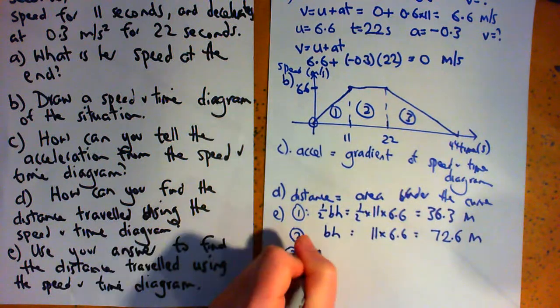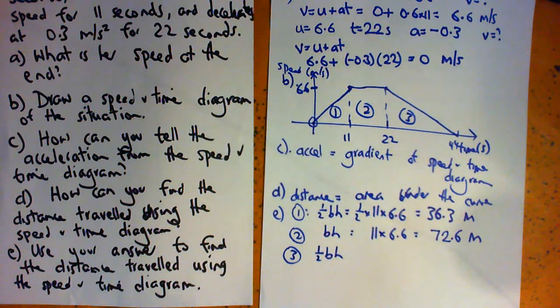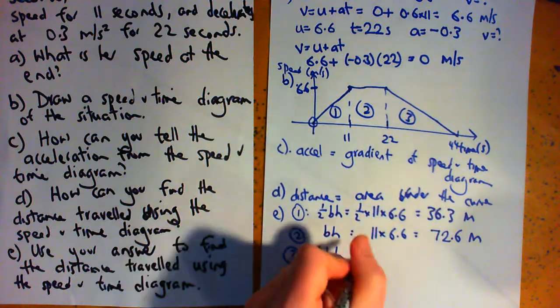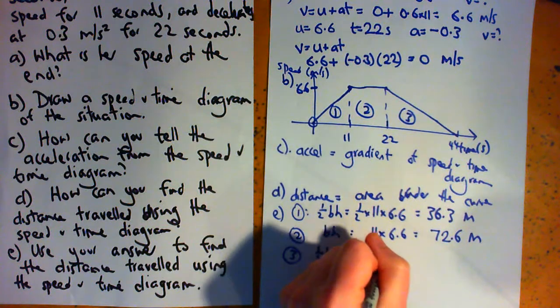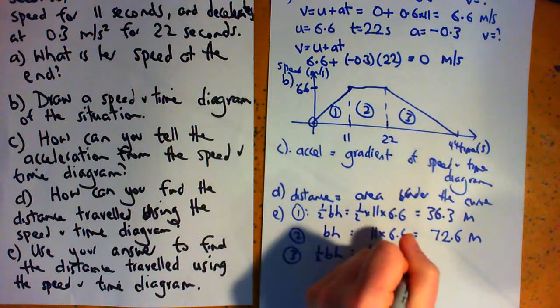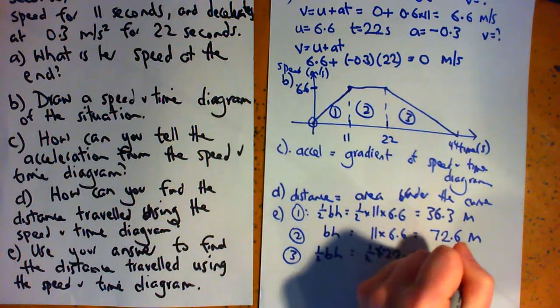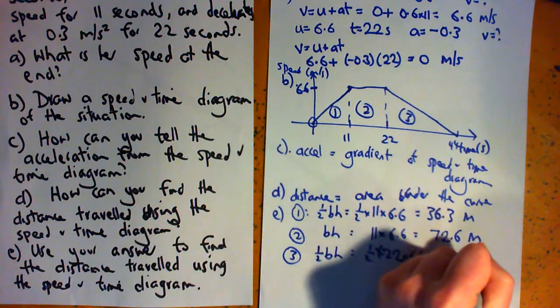Part 3 is a triangle, so we're finding the area of a triangle, which is half base times height, which is 1/2 times 22 as the base, multiplied by the height of 6.6, again giving 72.6 metres.